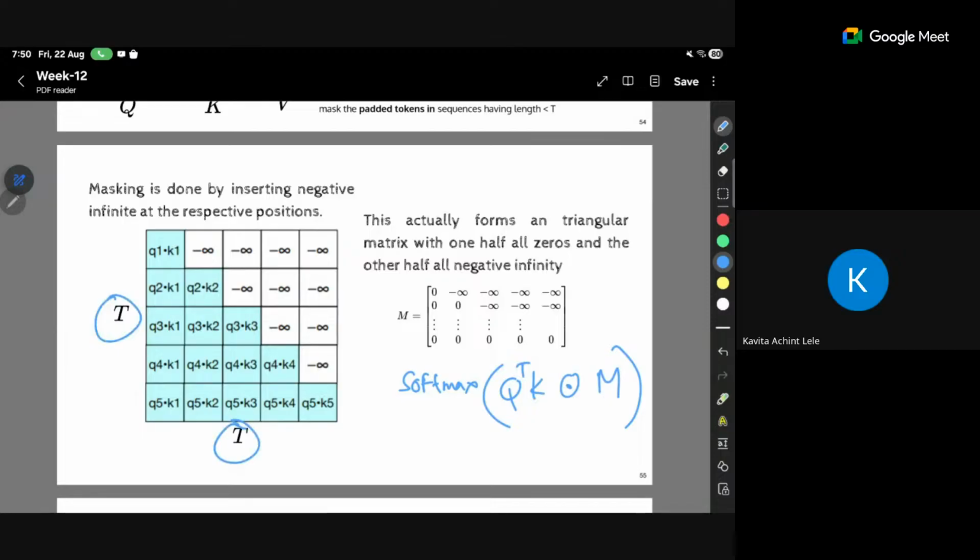Same will be the size of the mask. Now if you compute row wise softmax, what is e power minus infinity? That is going to be 0. So it will not contribute at all to the softmax part, and we can remove this, right? So that's why we are using negative infinity, for that reason only.